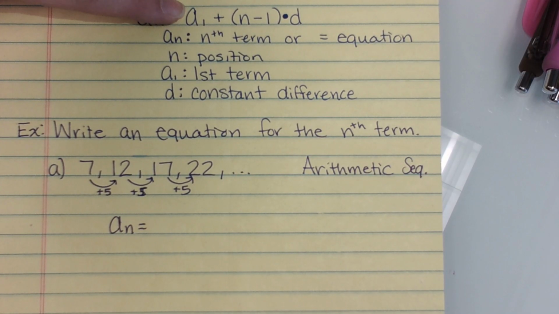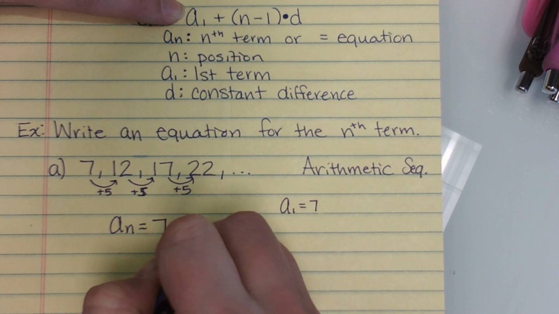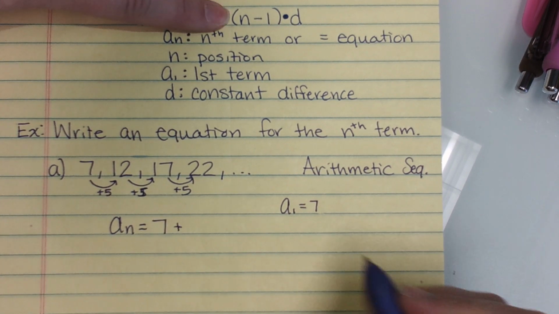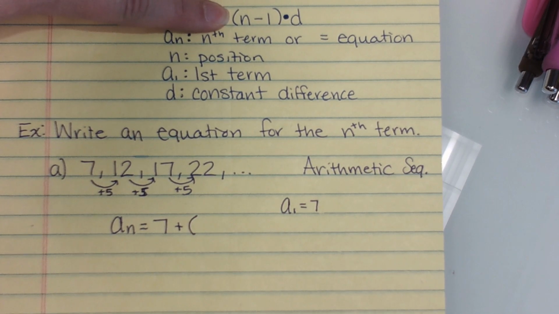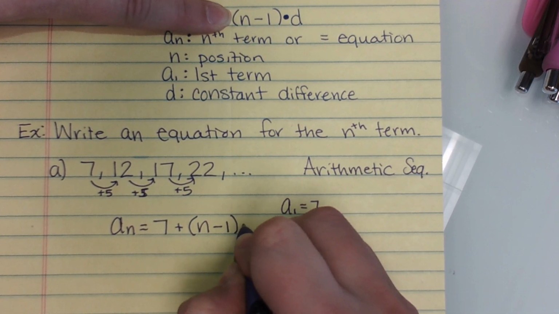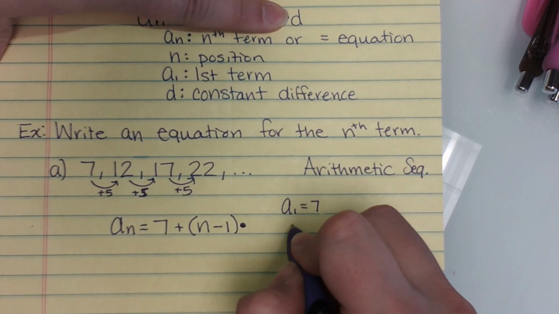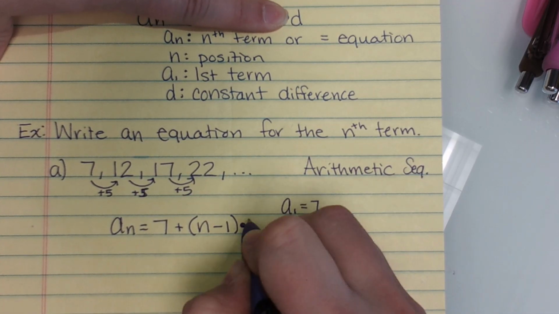What's a sub 1? 7. It's the first term, so 7 plus n minus 1 times 5. d was 5.